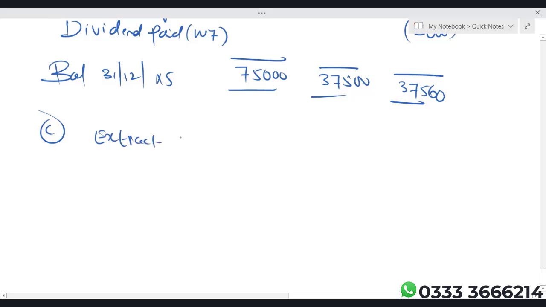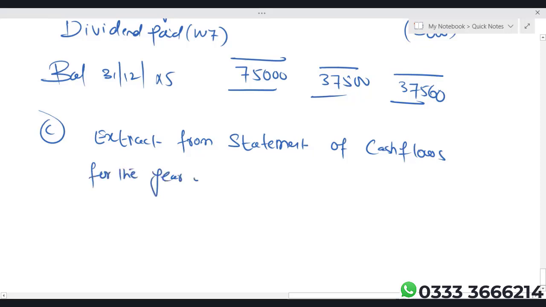Extract from the statement of cash flows for the year ended December X5.